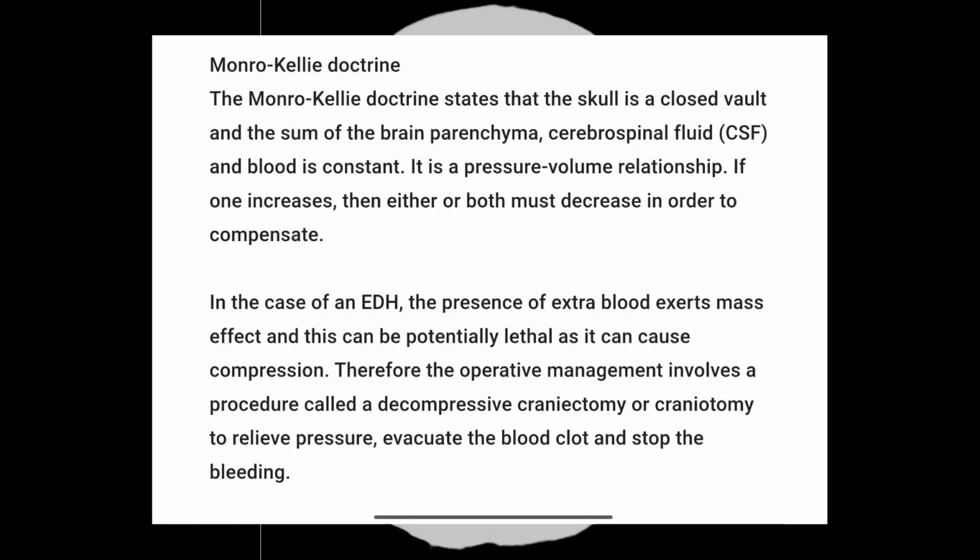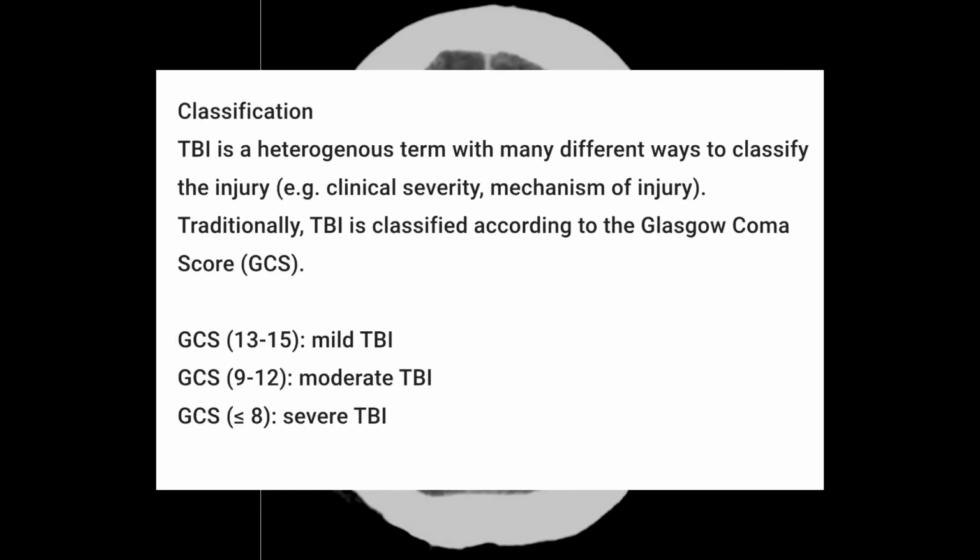Traumatic brain injury. EDH falls under the umbrella term of traumatic brain injury. EDH is uncommon but complicates 1 to 4% of traumatic head injuries. Classification. TBI is a heterogeneous term with many different ways to classify the injury, for example, clinical severity and mechanism of injury.